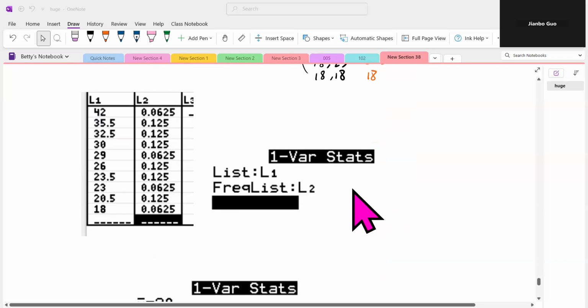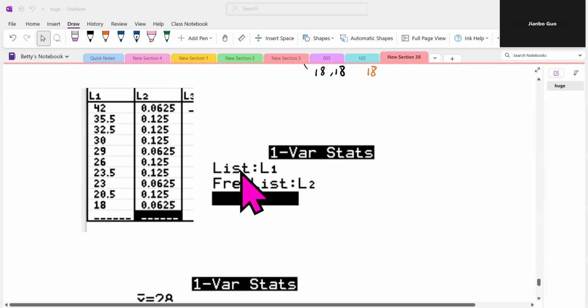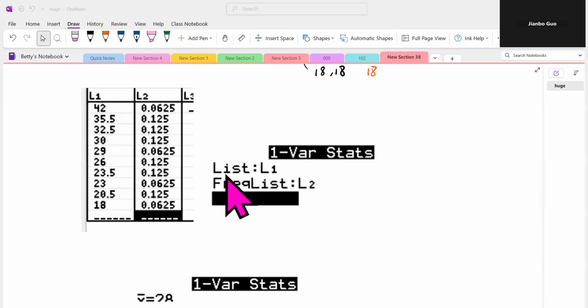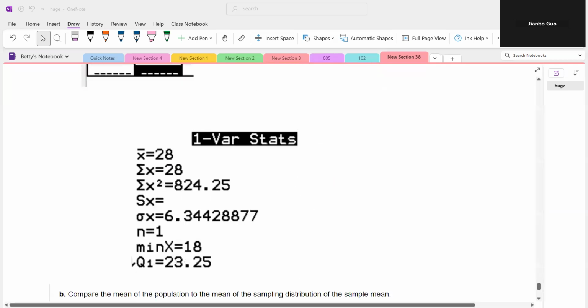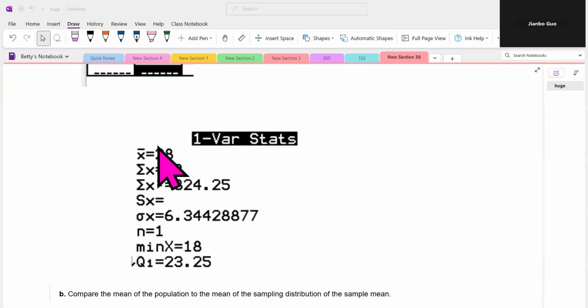And I go to stat calc and make sure the first list is the list and the second list is the frequency. Here's the probability. And when we solve, you will have this page. From this page, you can tell the mean of the sample means.